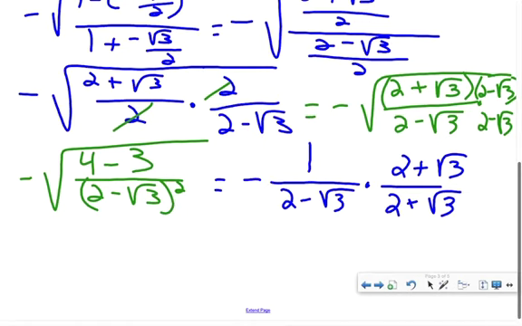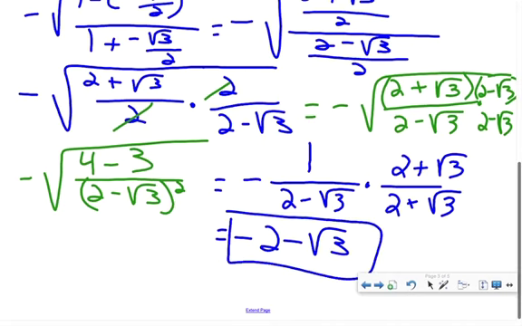And again, in my denominator, I end up with 4 minus 3, which is just 1. So I have negative 2 minus radical 3 as my final answer. And I know that was a lot of convoluted algebra, and that's why we're taking a few days to get through this lesson.